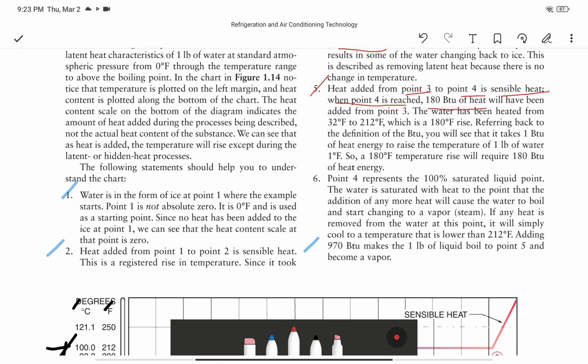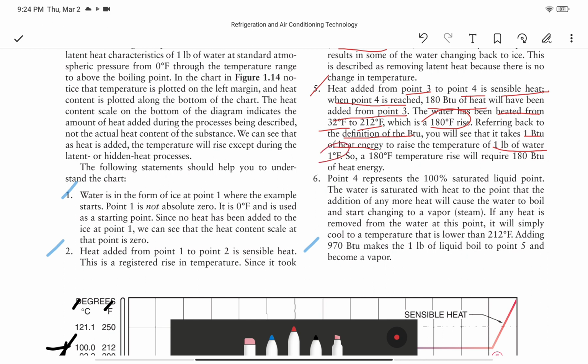So when it reaches point 4, 180 BTU of heat will have been added from point 3. So the water has heated from 32 to 212, which is a 180 degree Fahrenheit rise. Referring back to the definition of BTU, 1 BTU of heat energy raises the temperature of 1 pound of water 1 degree Fahrenheit.